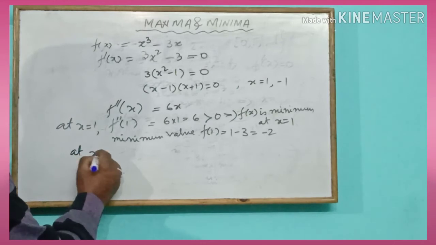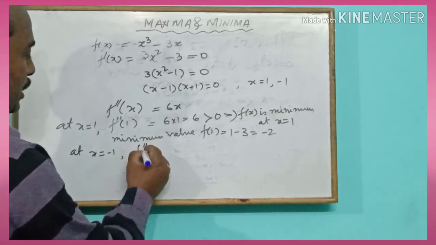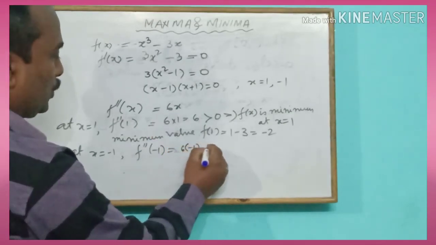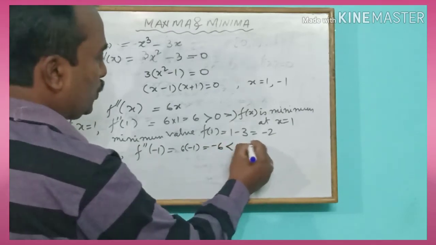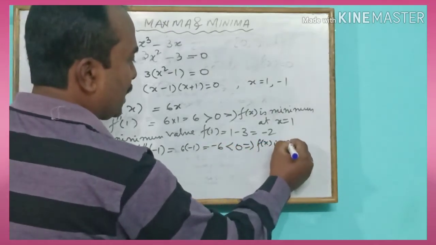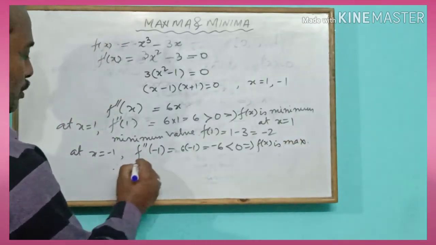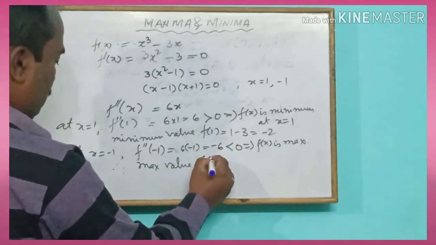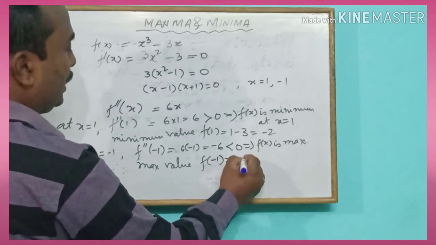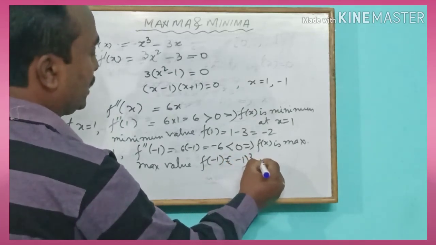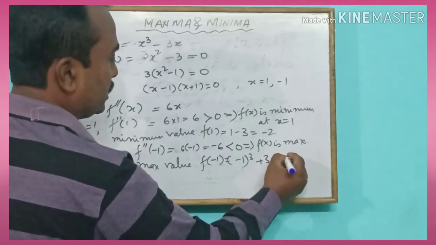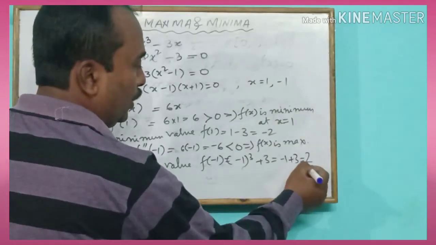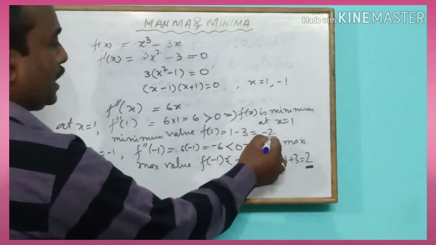And at x equal to minus 1, f''(minus 1) is 6 into minus 1, that is minus 6, which is less than 0, so f(x) is maximum. Therefore the maximum value is f of minus 1, that is minus 1 cube plus 3, that is minus 1 plus 3, that is 2. So maximum value is 2 and minimum value is minus 2.